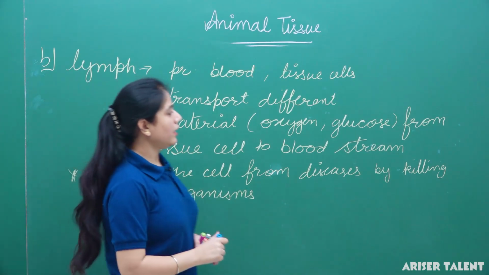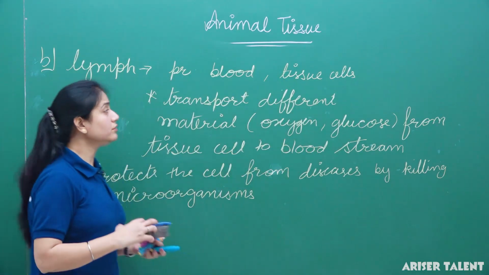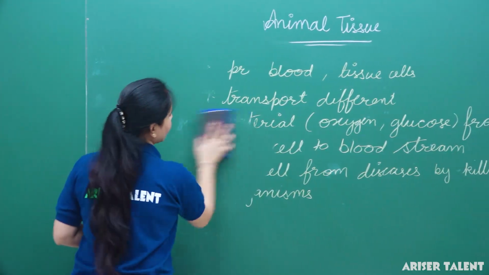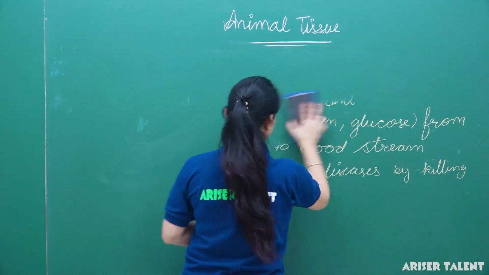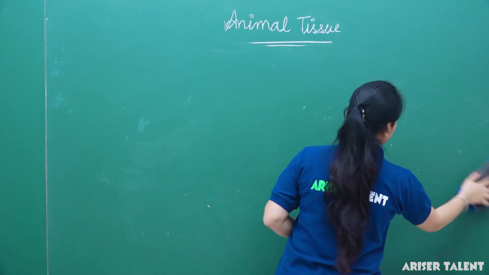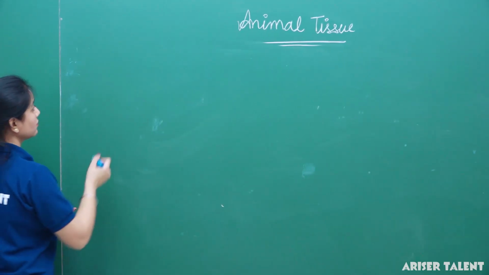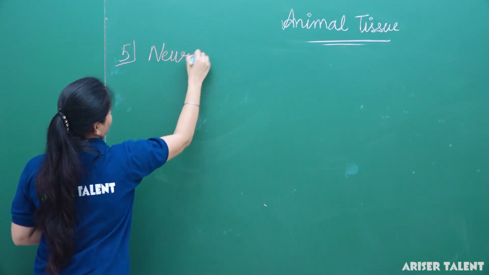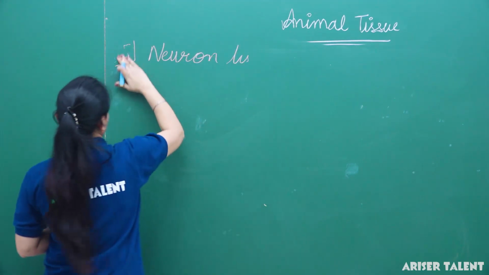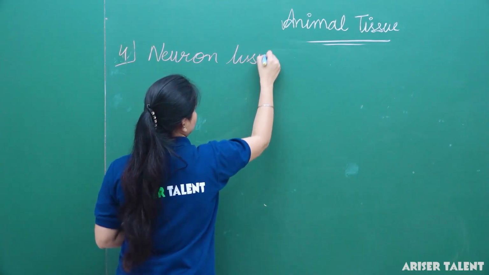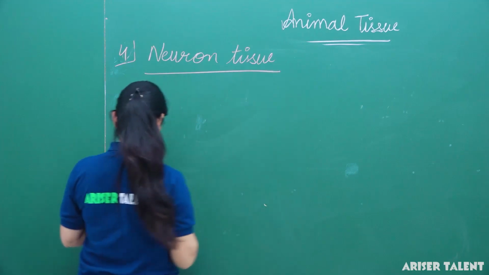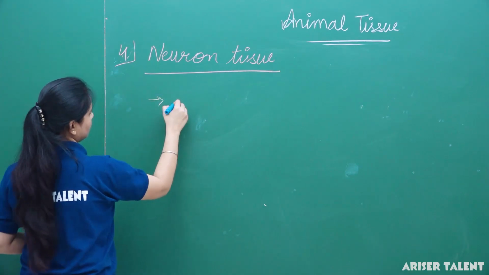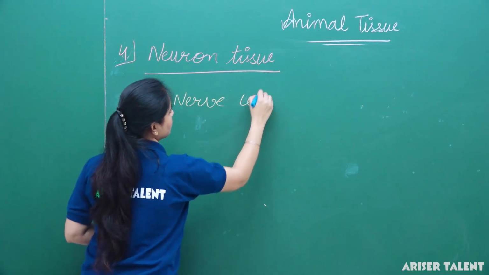Okay. And the last tissue is nervous tissue. The last animal tissue is nervous tissue.